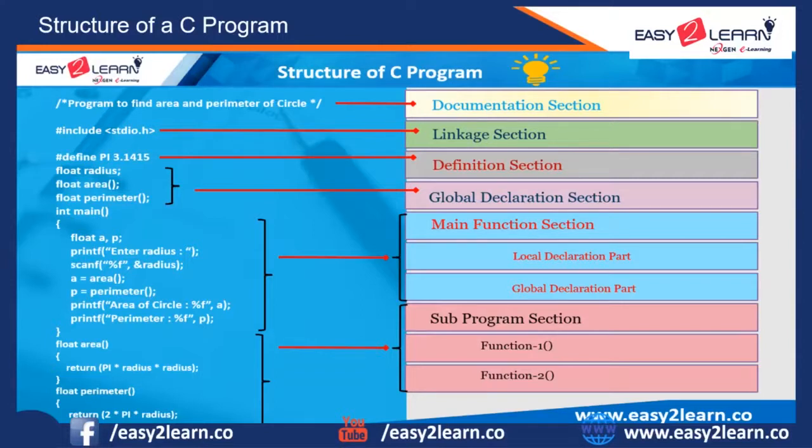That means every C program must have only one main method. Inside the main method or a user-defined method there are two sections. One, the declaration part or local declaration part. Second, the executable part.